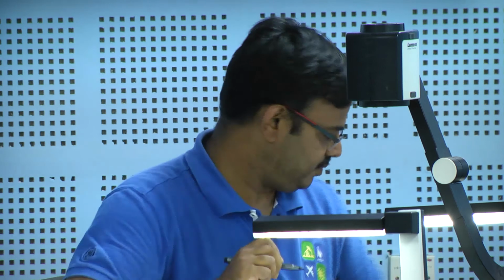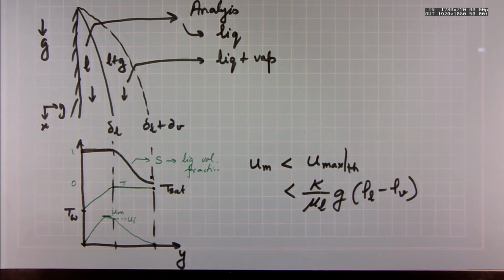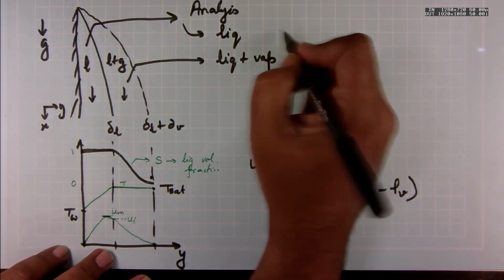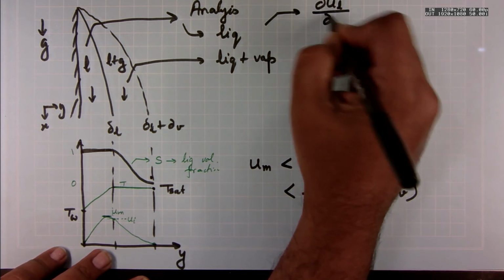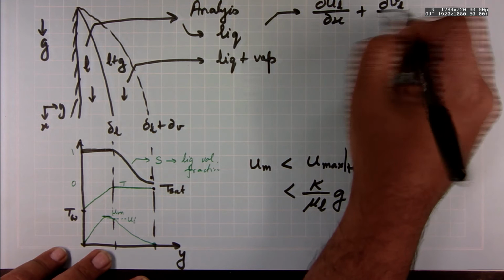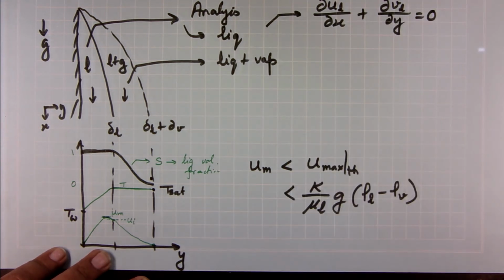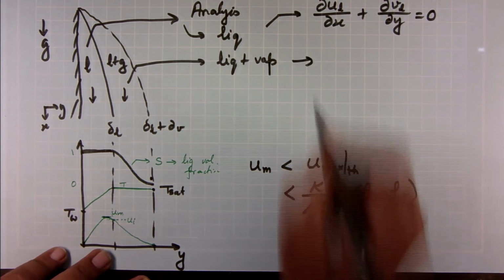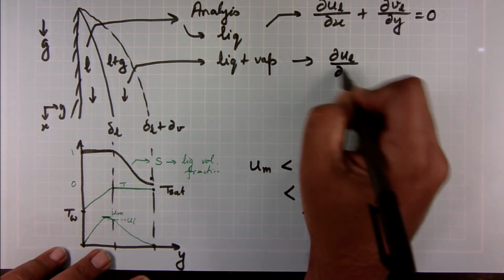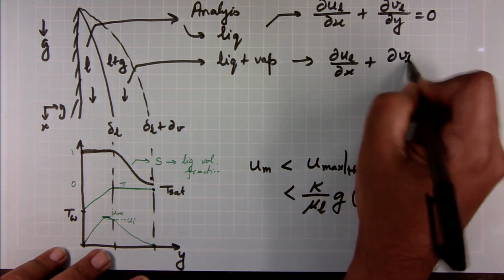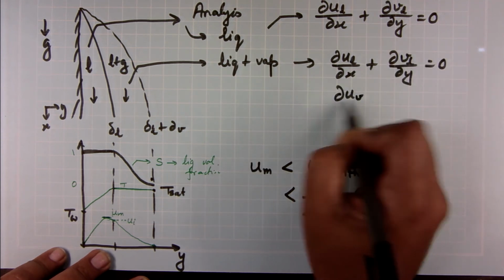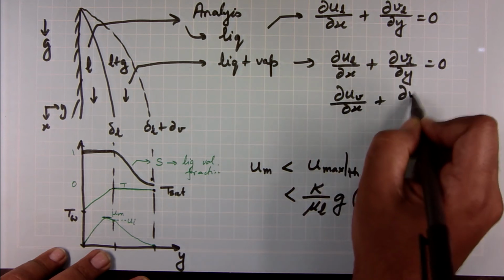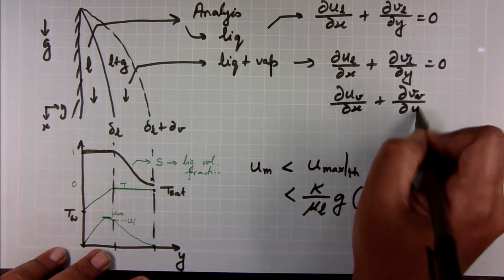Just to give you an example, here you will have only del u L del x plus del V L del y equal to 0 for continuity, whereas here you will have del u L del x plus del V L del y equal to 0, and del u V del x plus del V V del y equal to 0.